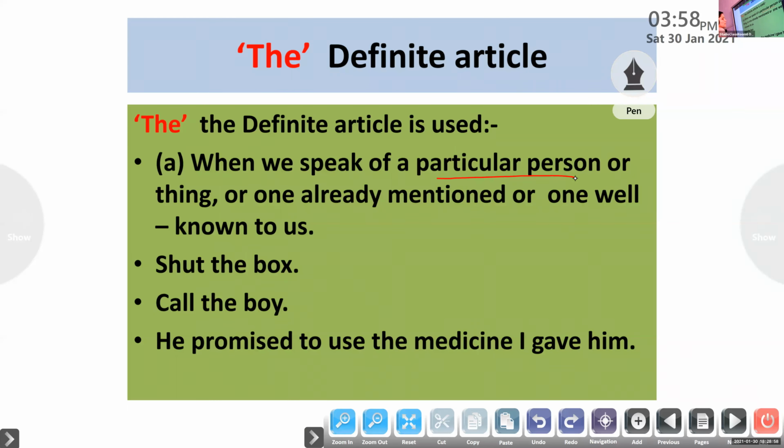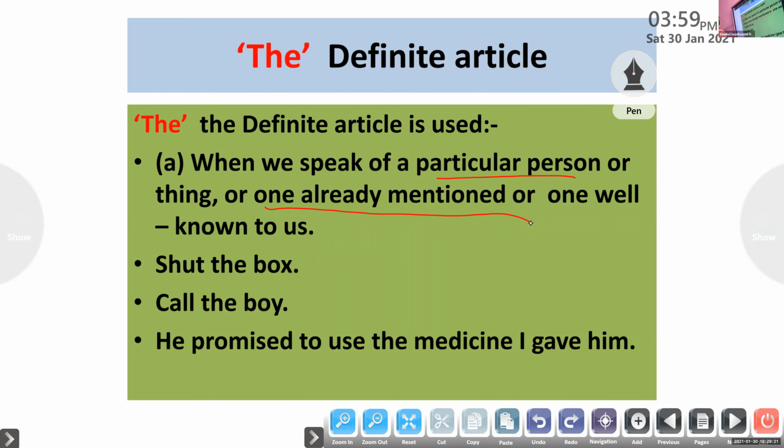Who is the boy here? We mentioned Raju; we are talking about Raju. Raju is a smart boy, and that boy is going to Surat. So we use "the" to mention a person or a thing which is already mentioned in the sentence, or it can be a well-known thing to us.